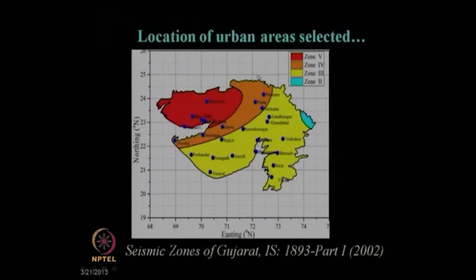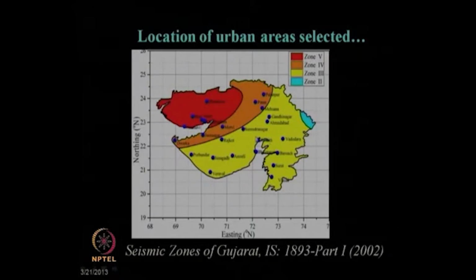So, you can see Gujarat is the only state in India which is having all the 4 zones as per our IS Seismic Design Code 1893 part 1. That is another reason why the Gujarat state has been chosen.